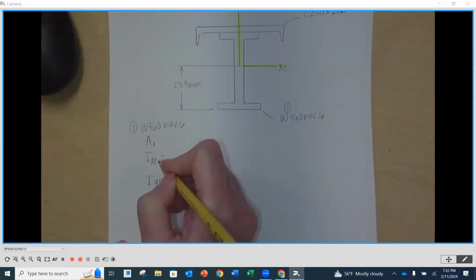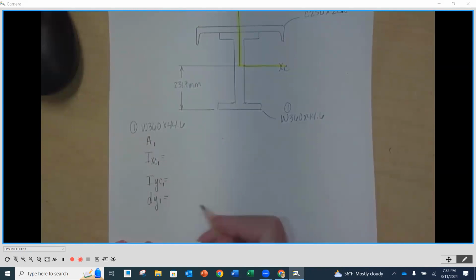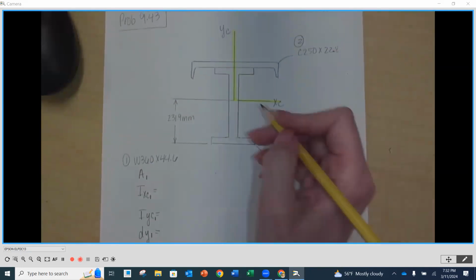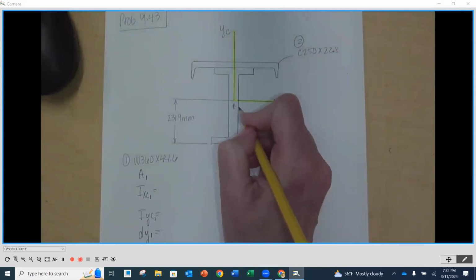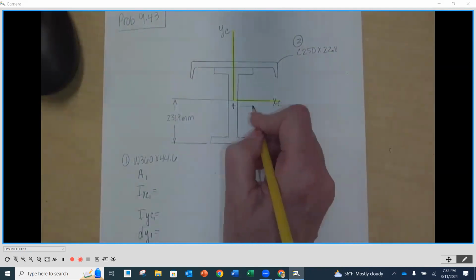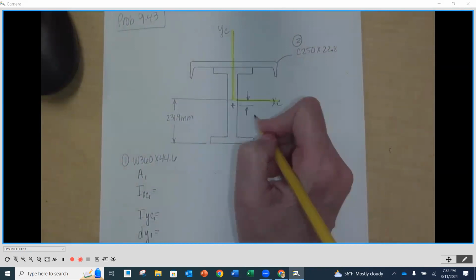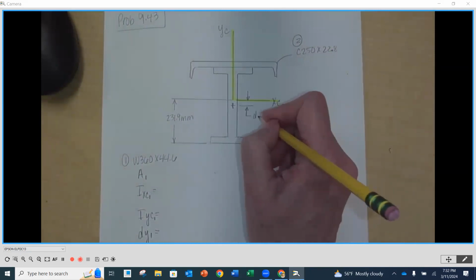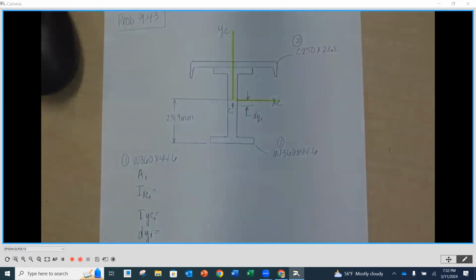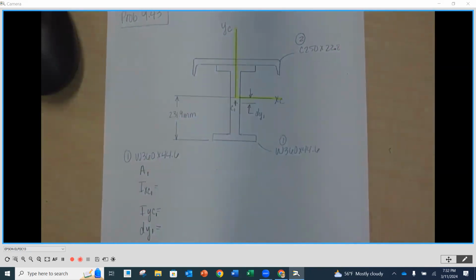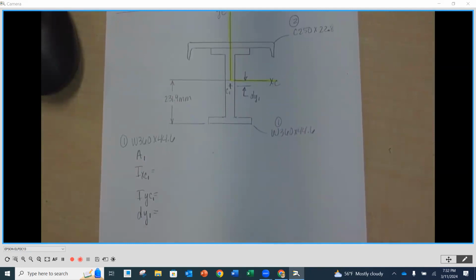So it's going to be area 1, with little ones by each one of these. Now our dy1 is going to be from the centroid of our shape to the reference axis. So this is going to be dy1, and this is C1. We need to find that information, and the back of the book will help us with that.